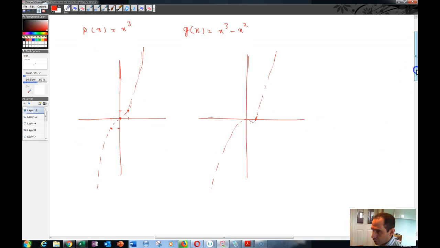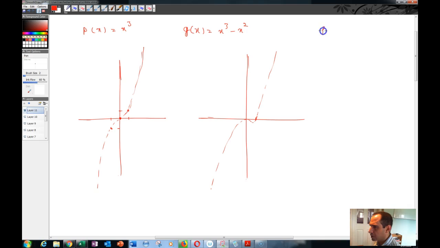But what that means is, and the other polynomial that we had, what was that? x cubed minus 4x.